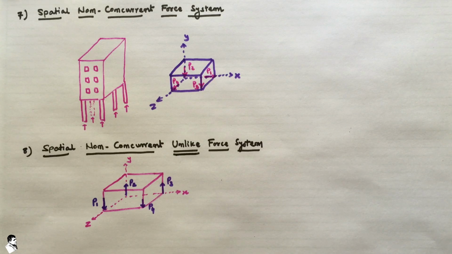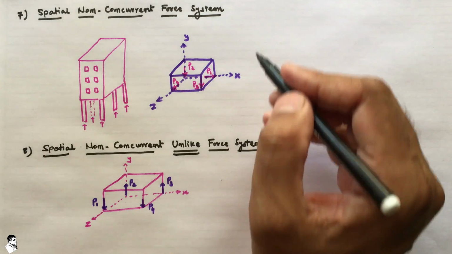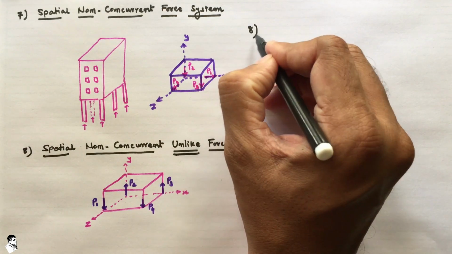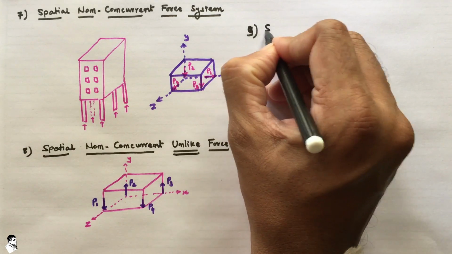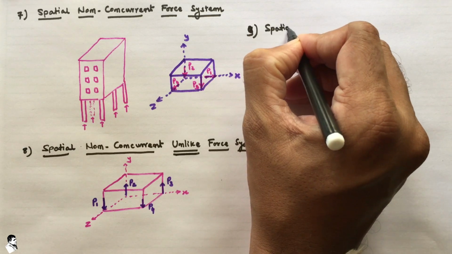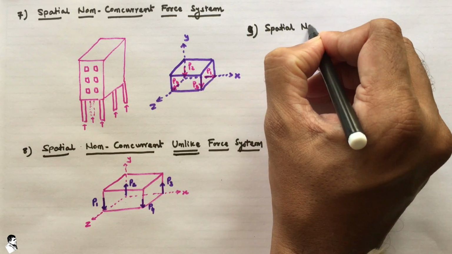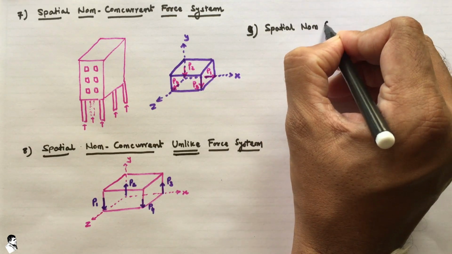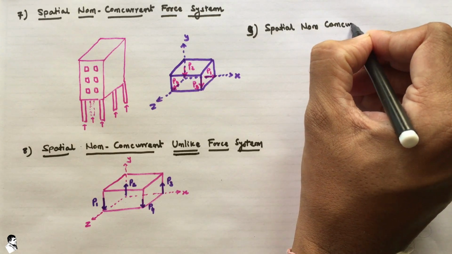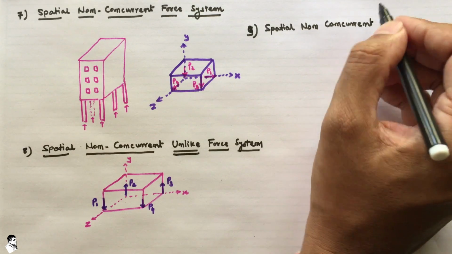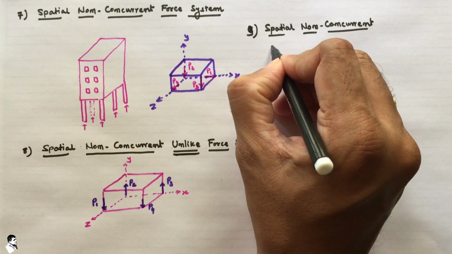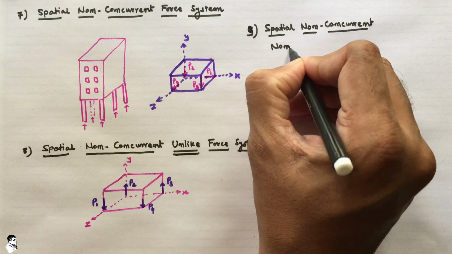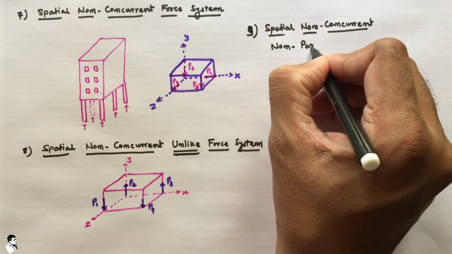Further we move ahead with the last system, that is number 9, that is spatial non-concurrent non-parallel.